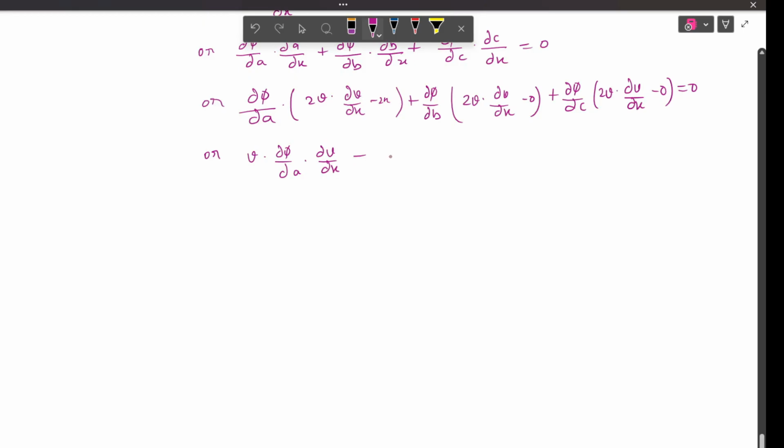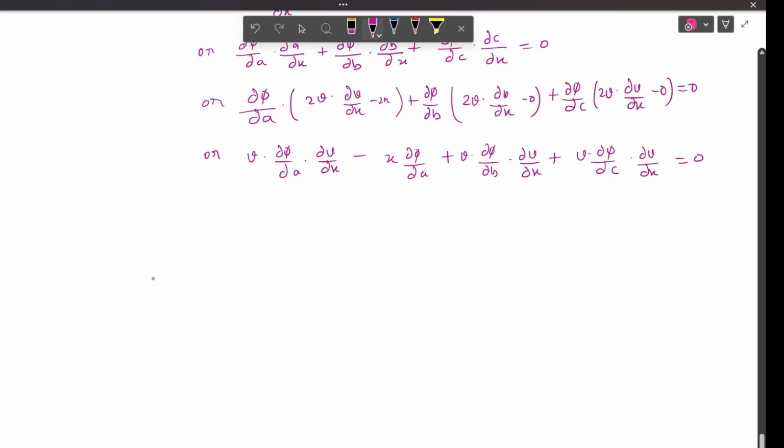So it will be v ∂v/∂x into ∂φ/∂a minus x ∂φ/∂a, plus v ∂φ/∂b ∂v/∂x, plus v ∂φ/∂c ∂v/∂x.